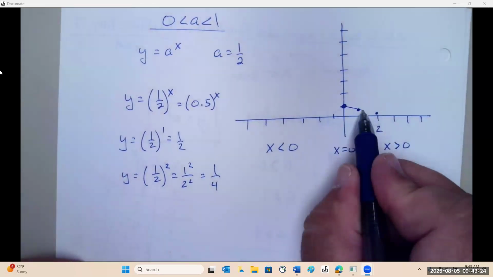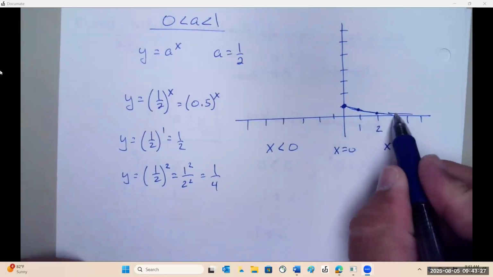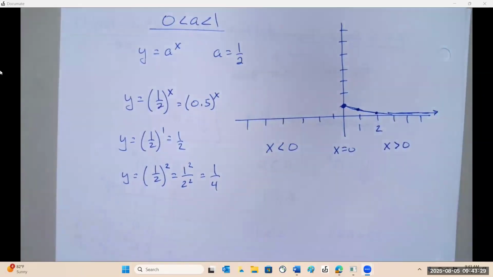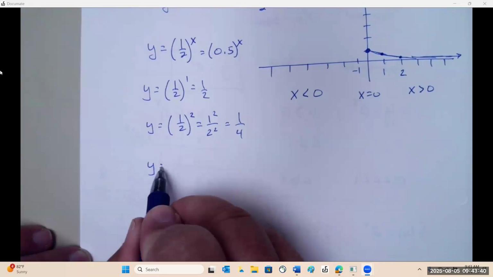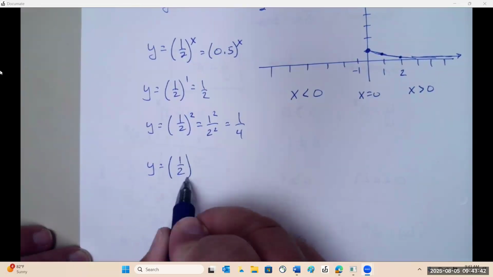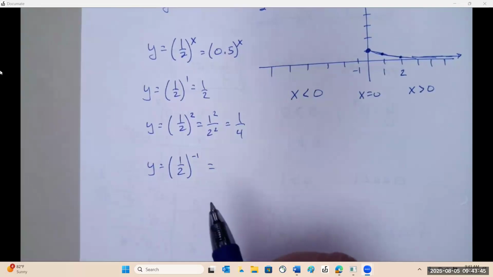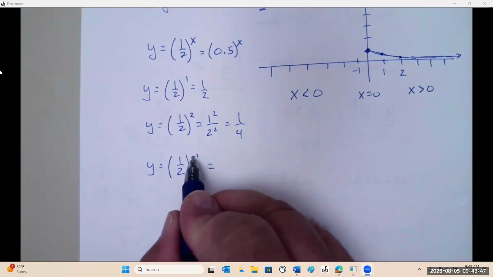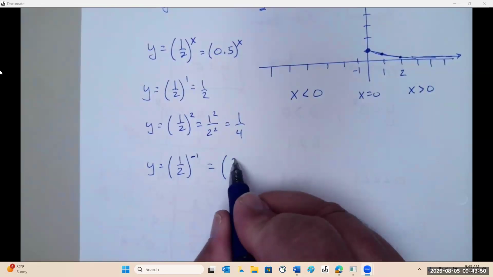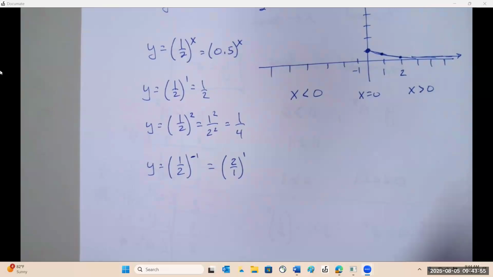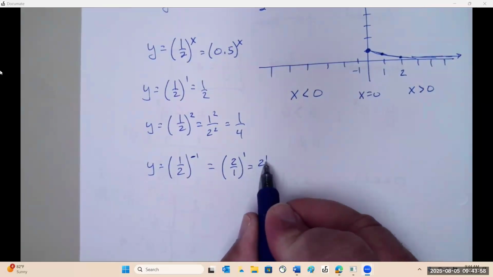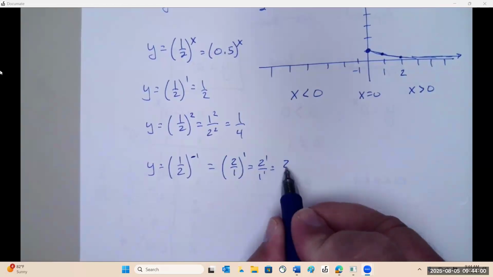So we see on this side, it goes infinitely closer and closer to the x-axis, the horizontal asymptote. Now, at -1, what happens at 1/2 to the power -1? Well, the negative exponent means that we flip the fraction inside there. So that becomes 2 over 1 to the power 1, so it's 2.